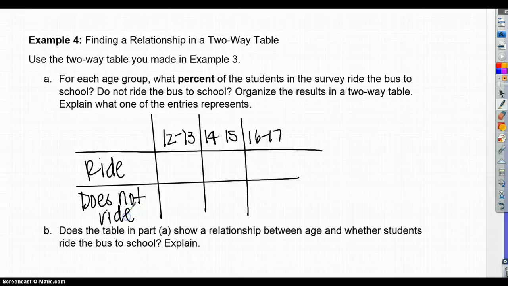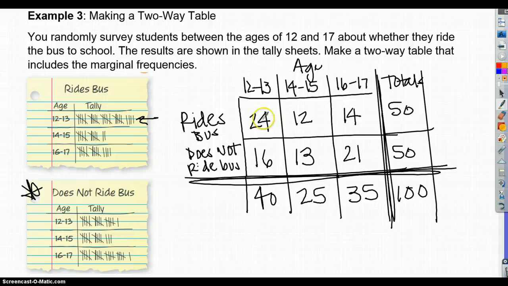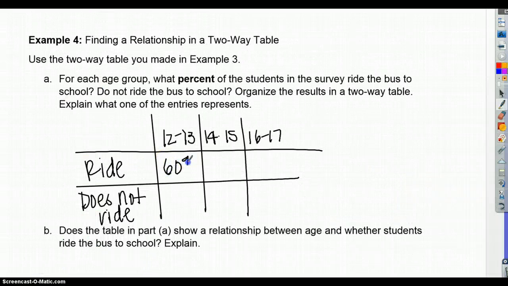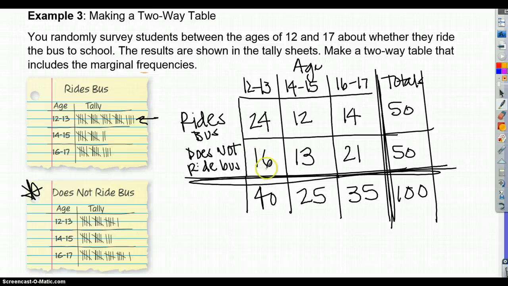And we're doing percentages. So if I look back at this table, 24 out of 40 students ride the bus, ages 12 to 13. So that is 60%. So the percent that rides is 60%, which means the percent that doesn't ride is going to be 40%, which is also 16 divided by 40. Okay? 14 to 15, 12 out of 25 ride.